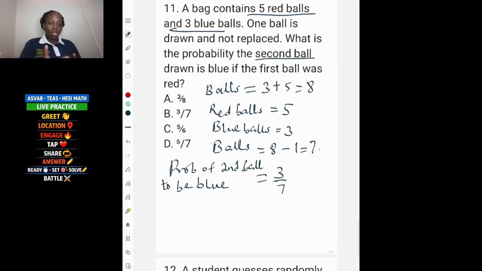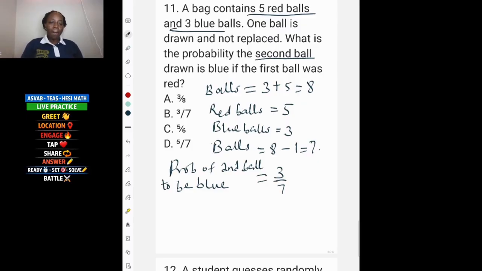We are still on the same question we are having here. So I'm now saying, let's say we are to draw two balls. Red was drawn first without replacement. So what's the probability of drawing two balls, red first without replacement, and second one blue?